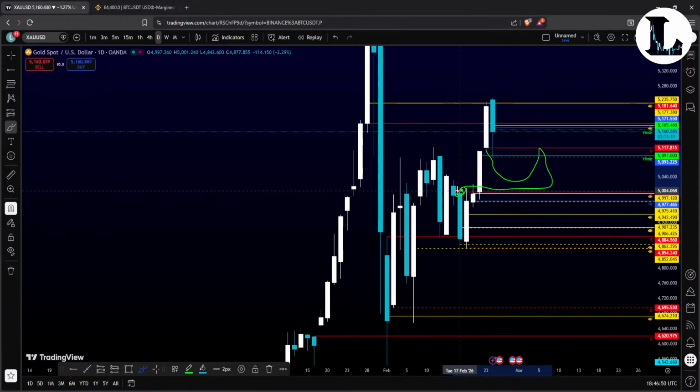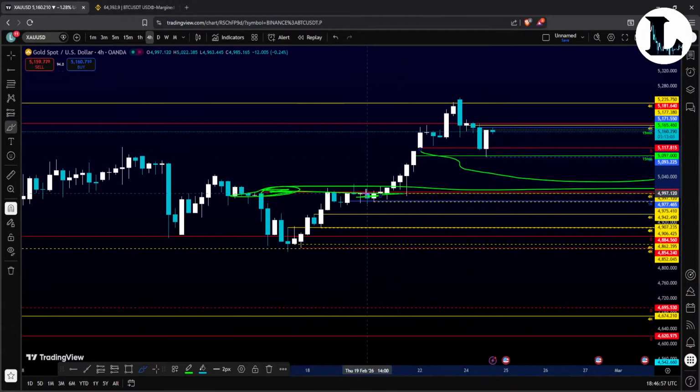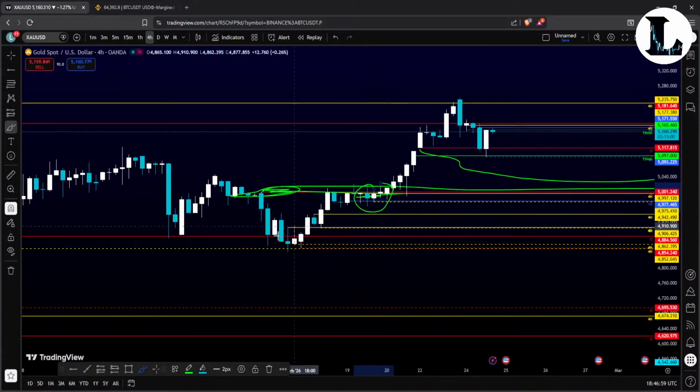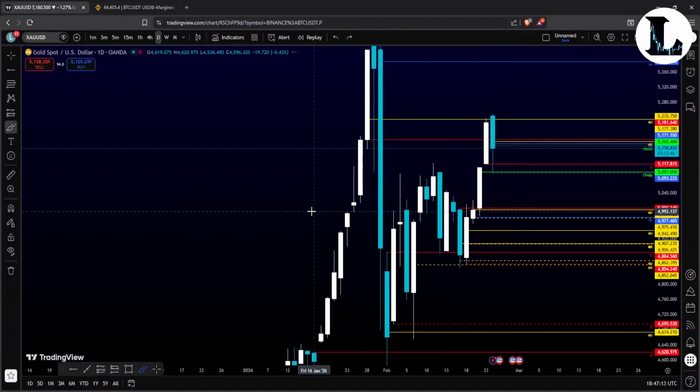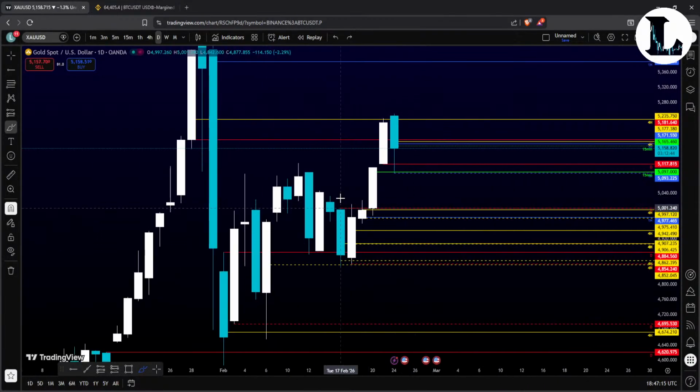Because this 4 was already tested, and this 4 over here was already tested. So this 4, as I told you guys, might not be that strong. Let me delete the lines here.